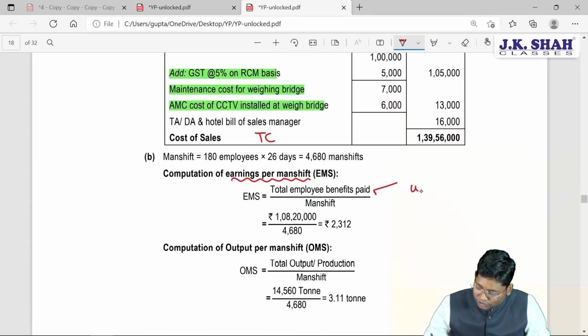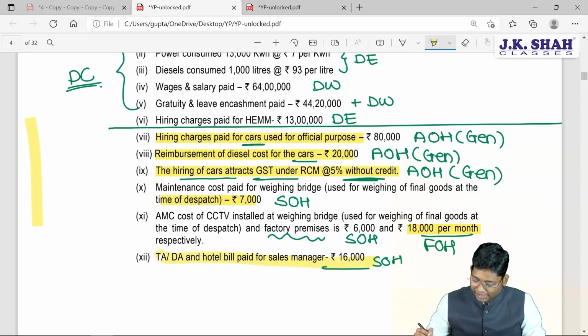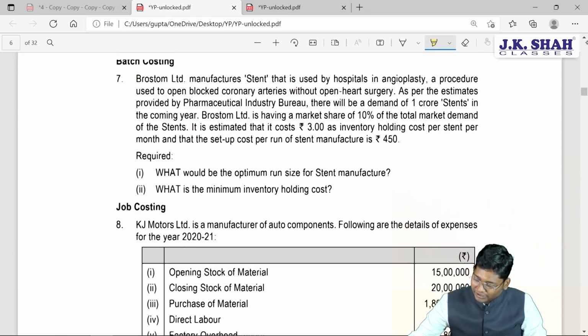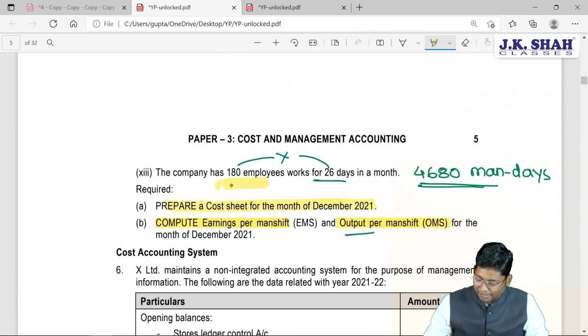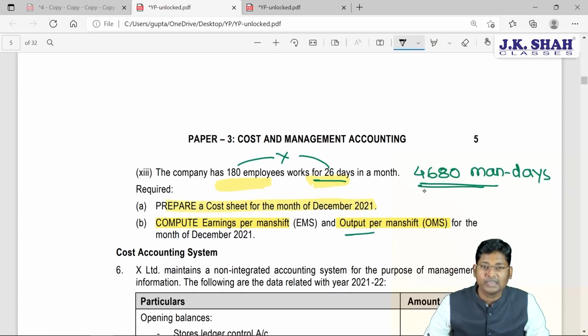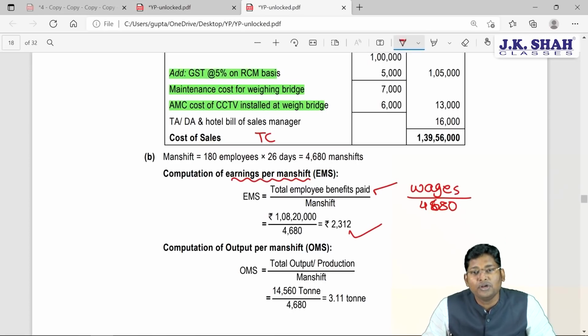Total labor cost, total wage cost is divided by your man days, which is 4680, which we computed while discussing the question. You can see here this computation is already done in the second part of the discussion, which is given below the cost sheet. See, 180 employees into 26 days, when you multiply them you get this 4680 value. If you divide the employee cost by this, you are going to get EMS, that is earning per man shift.